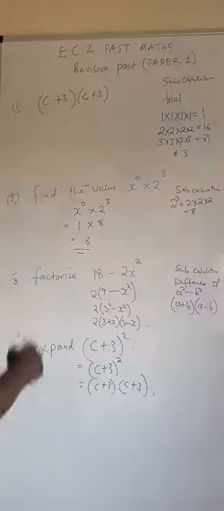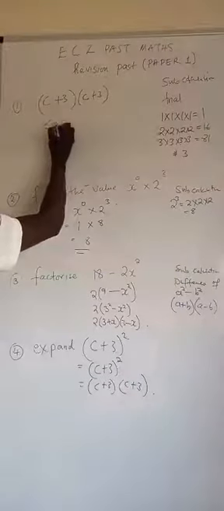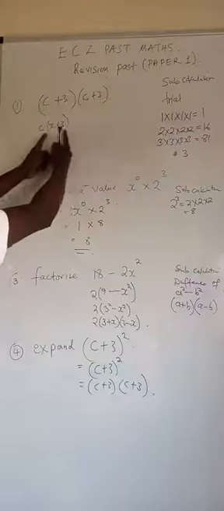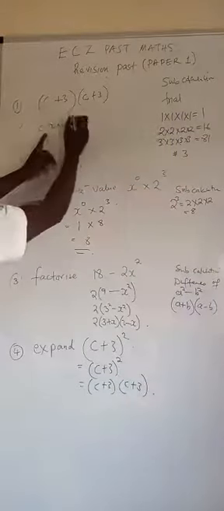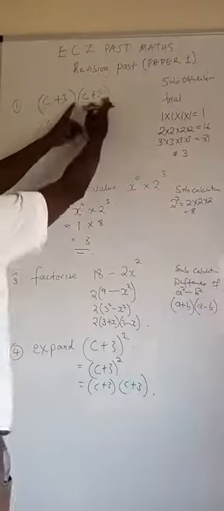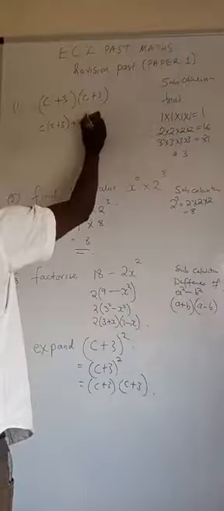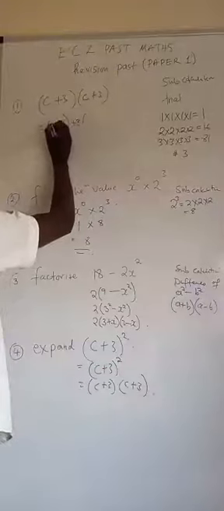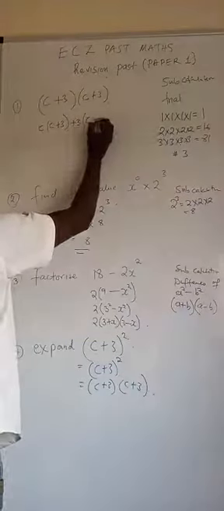Then these brackets, you bring them here. You say c plus 3. You take this one, you bring it here. And then you put plus 3. When you bring plus 3, again you take this one, again you bring it here. This is c plus 3, even here c plus 3.